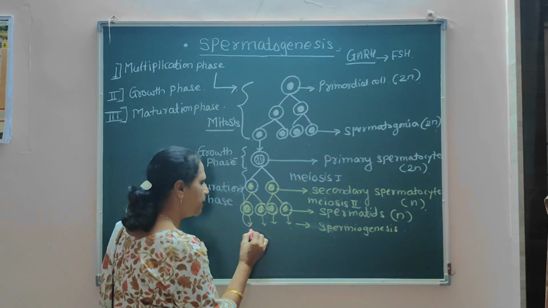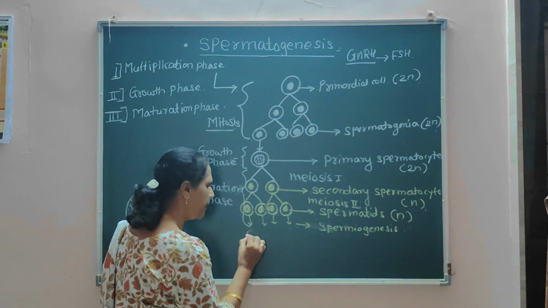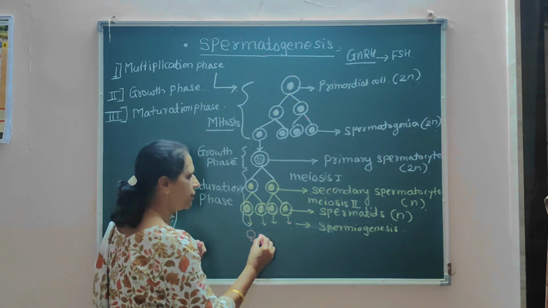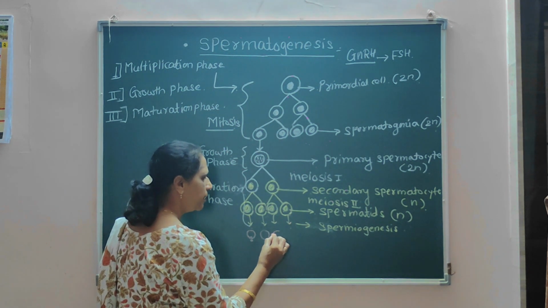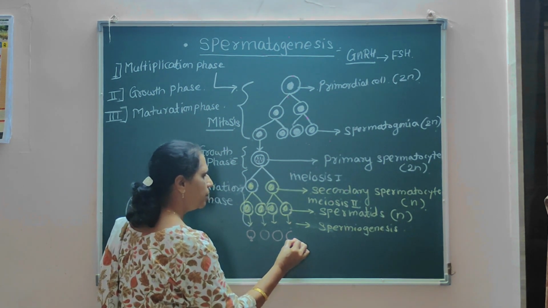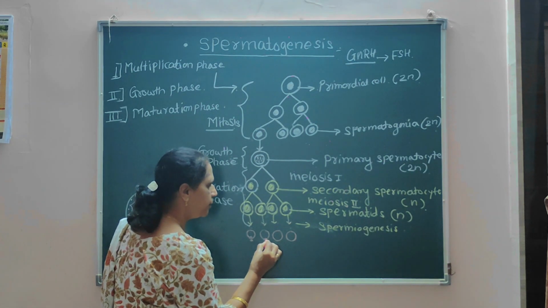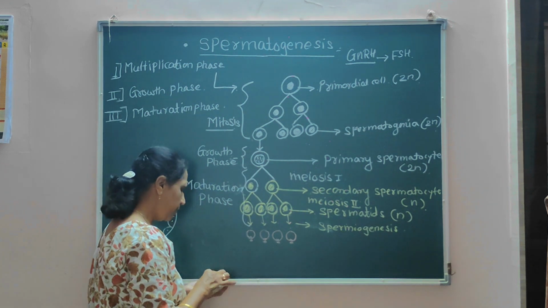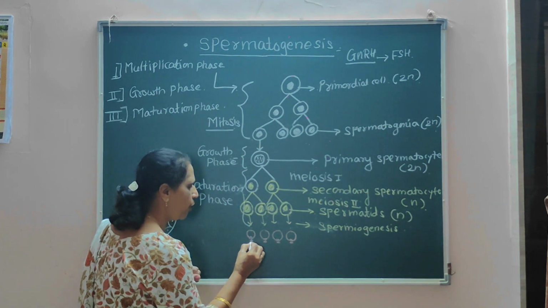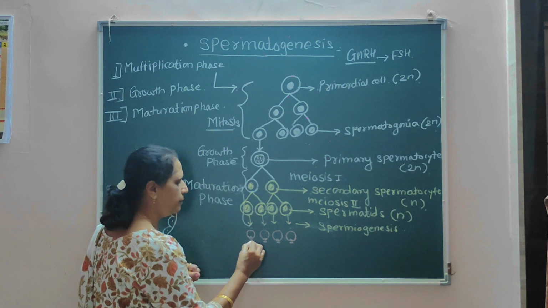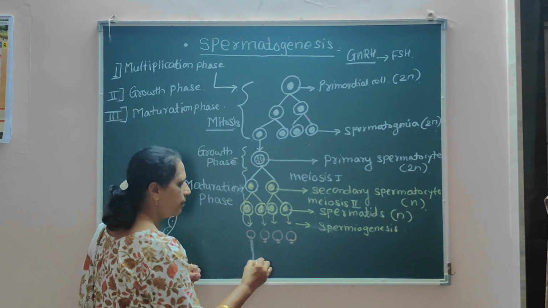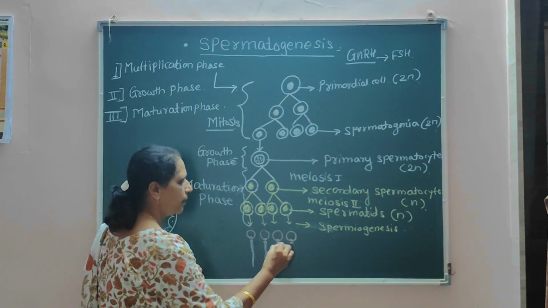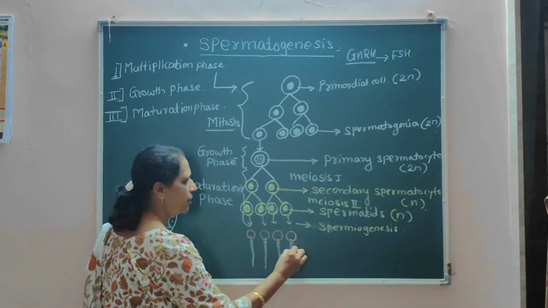Certain changes take place in these spermatids. First, the proximal and distal centrioles are formed in these spermatids, arranged in a distinct manner. Then there is formation of spirally coiled mitochondria and presence of a tail.